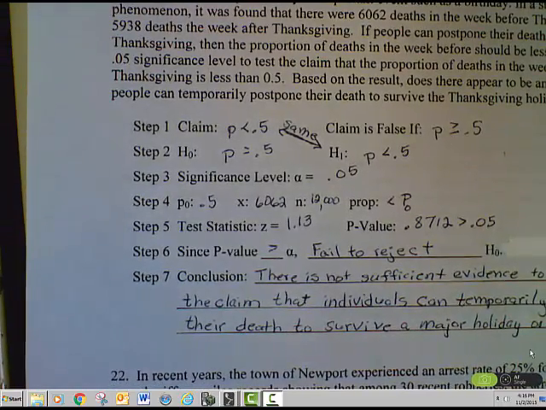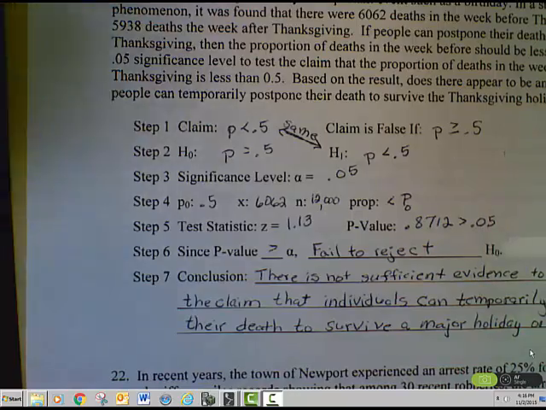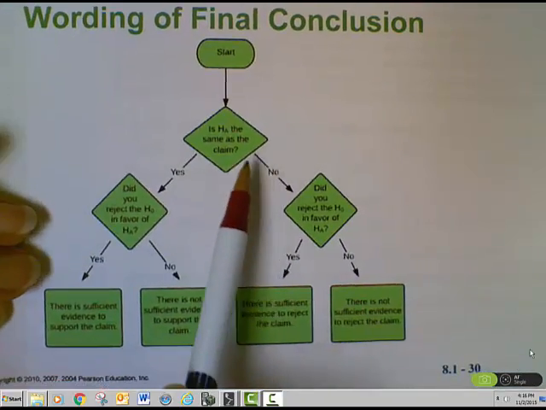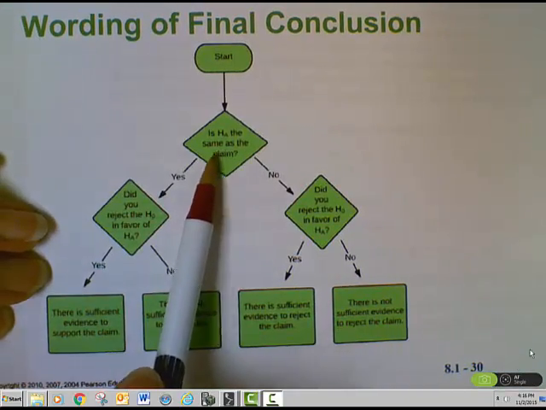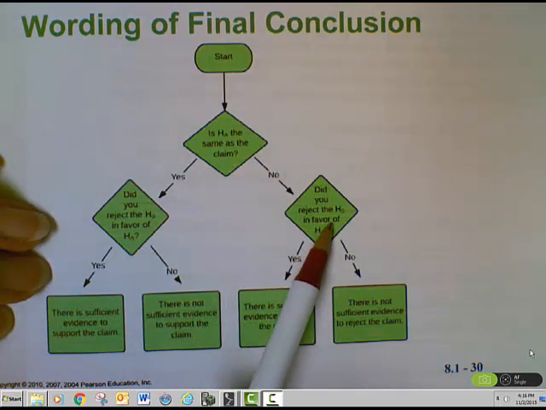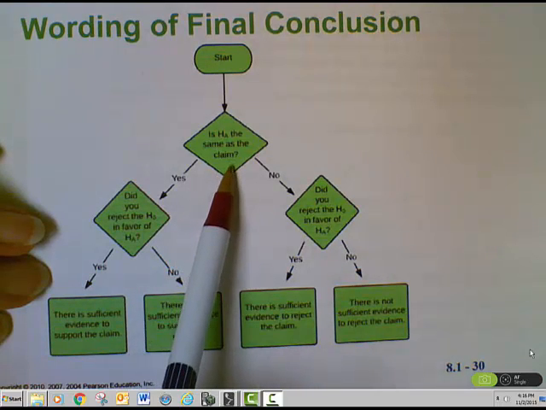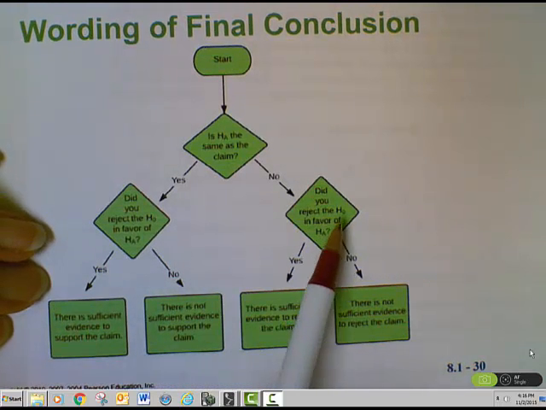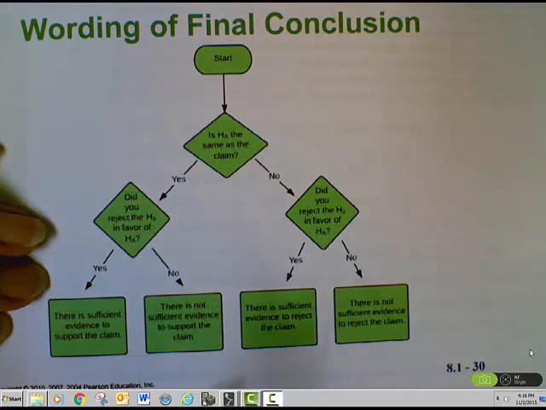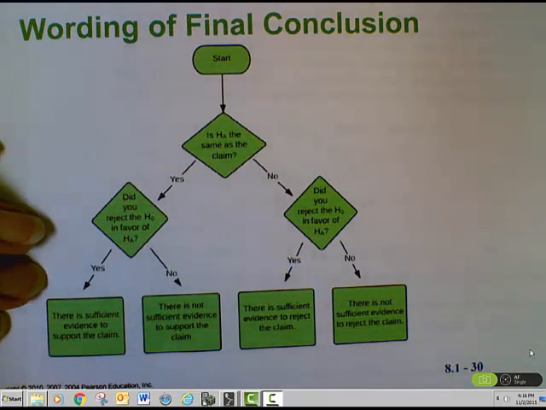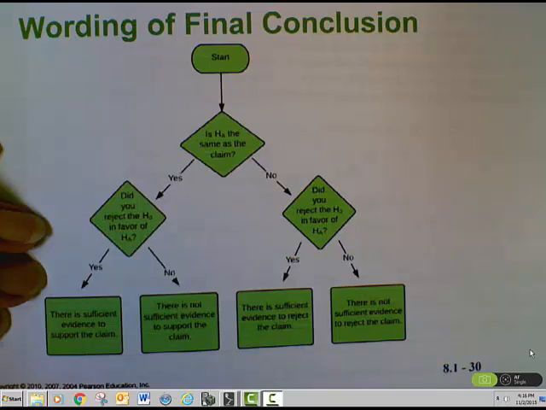Remember what would cause me to write not sufficient evidence to reject the claim? That would be if my alternate was not the same as the claim, and I failed to reject the null hypothesis. If the claim and the alternate hypothesis were different, and I failed to reject, then there would not be sufficient evidence to reject the claim.